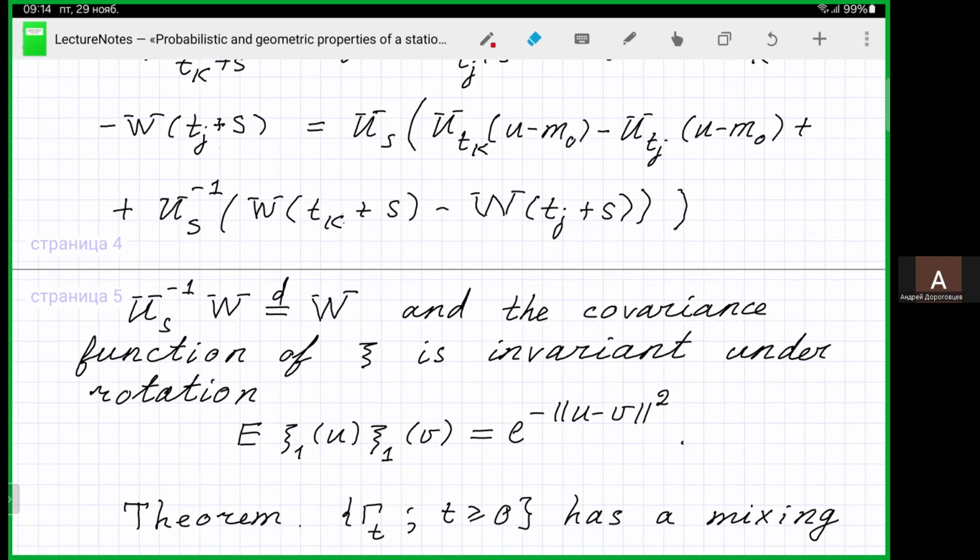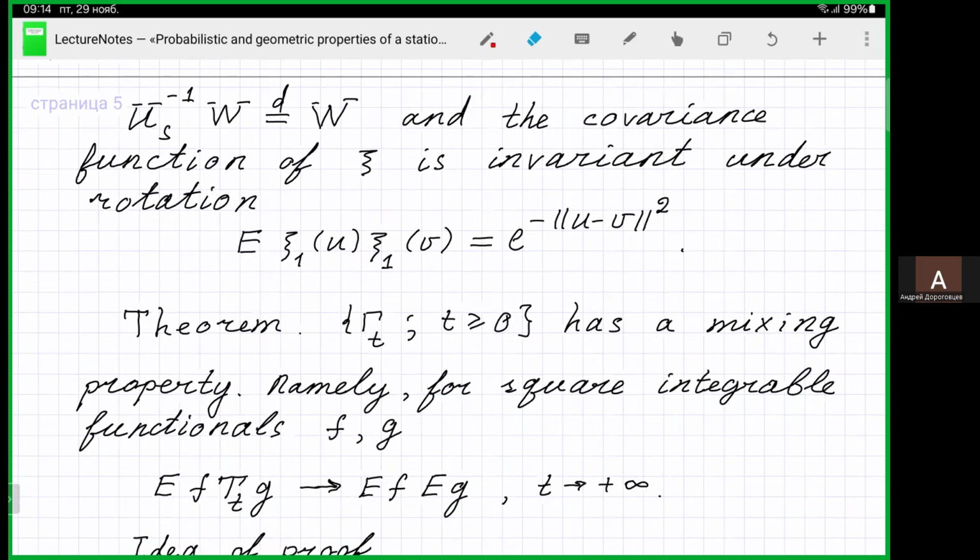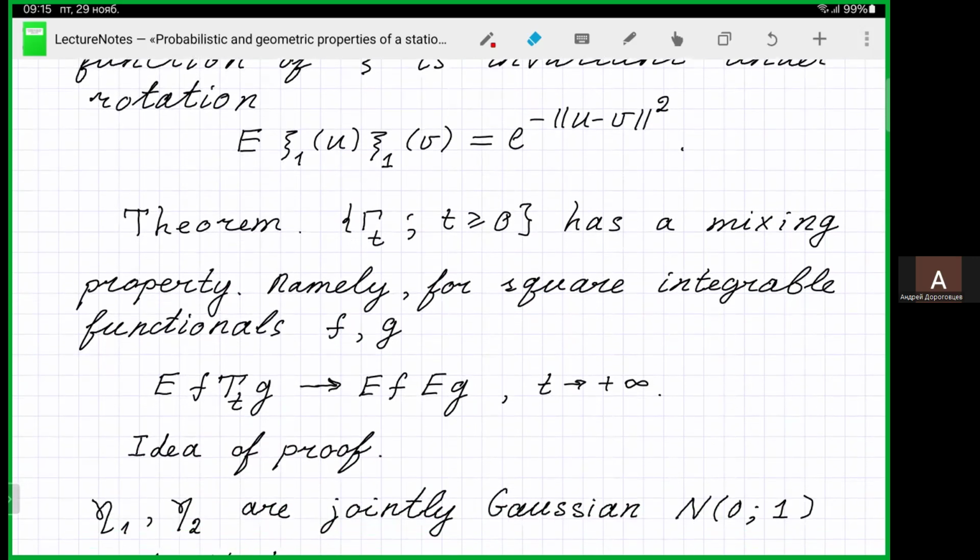The next step is that gamma t has the mixing property. Namely, for square integrable functionals f and g of gamma t, the expectation of f times g of gamma t tends to the expectation of f multiplied by the expectation of g. We have a very simple example of such a property when we consider a sequence of independent equidistributed random variables.